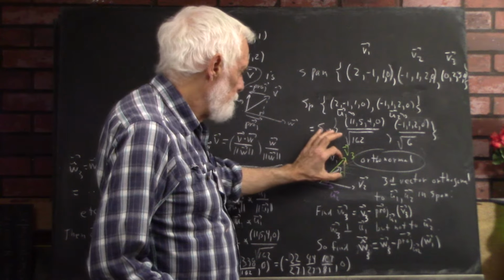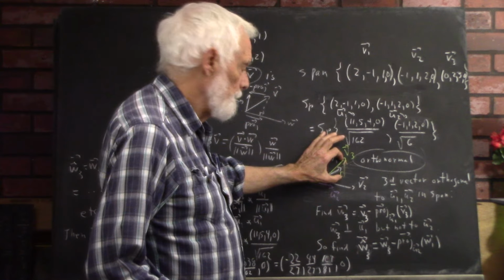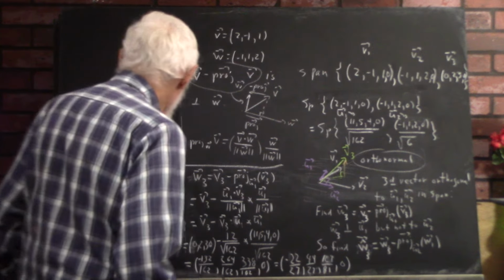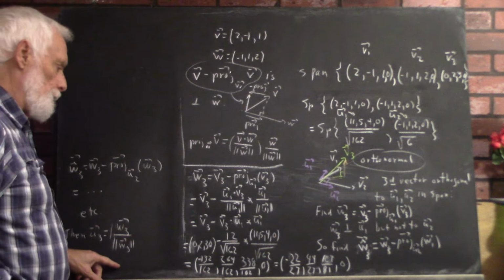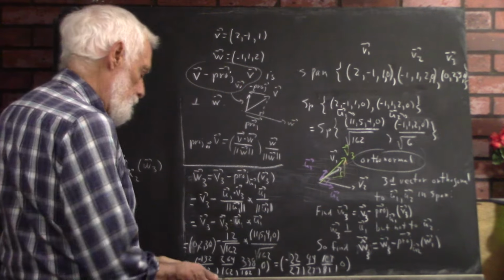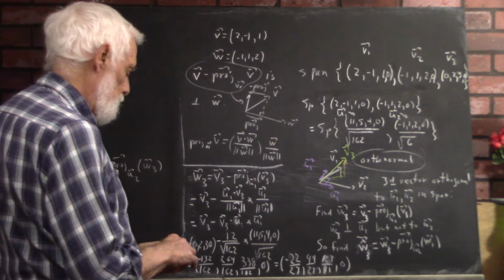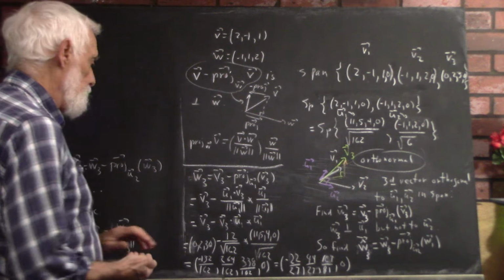That's going to leave you with this vector here that you then divide by its own magnitude. Numbers are going to get messy, actually fairly impossible, at least to do in my head. I'd use machinery to do this.